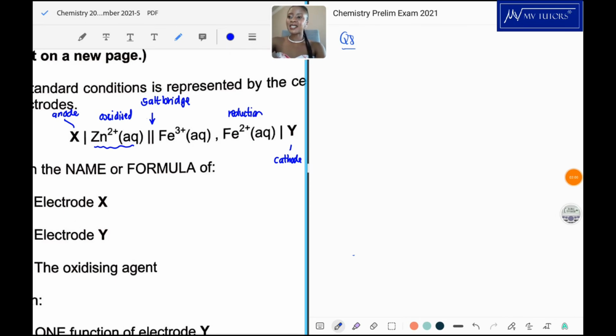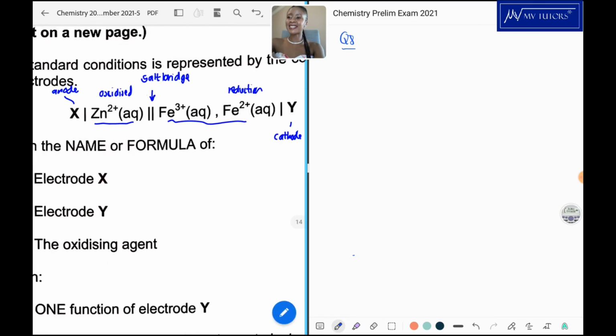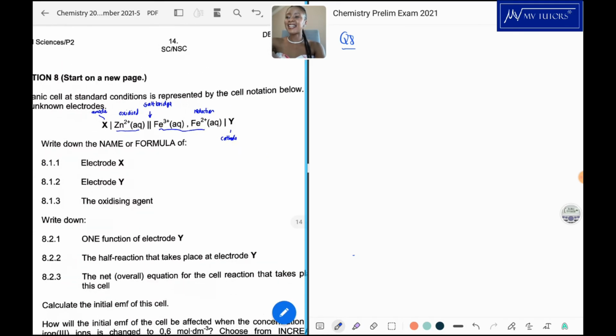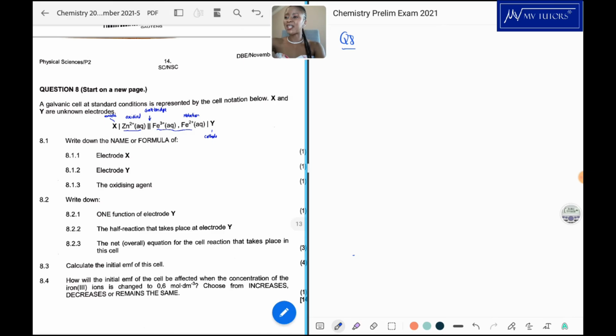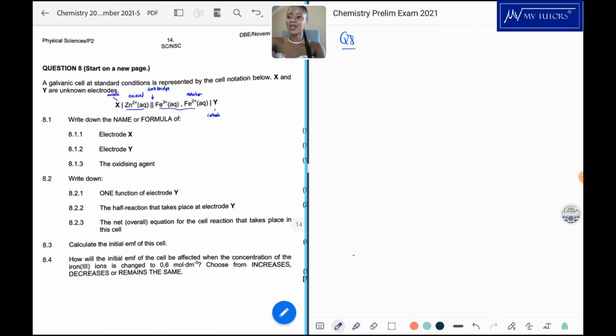Because you are gaining electrons on the cathode side, you can see that you have your iron 3 plus going all the way to iron 2 plus. It has gained an electron, right? Okay, so I hope you saw that and you understand that. And now let us answer the questions.